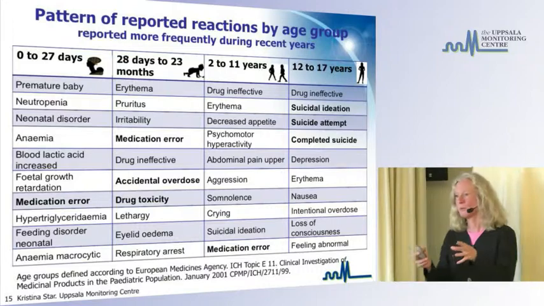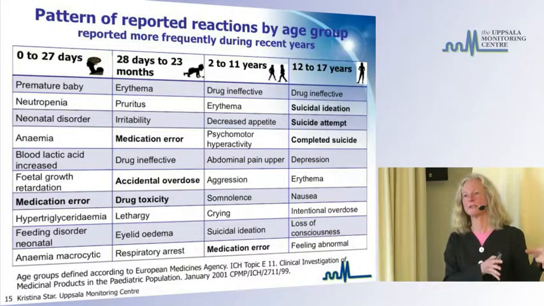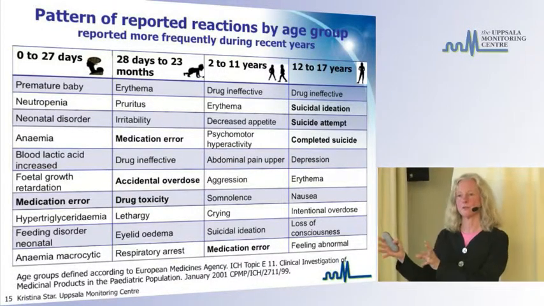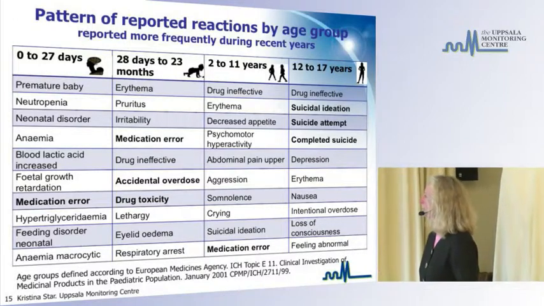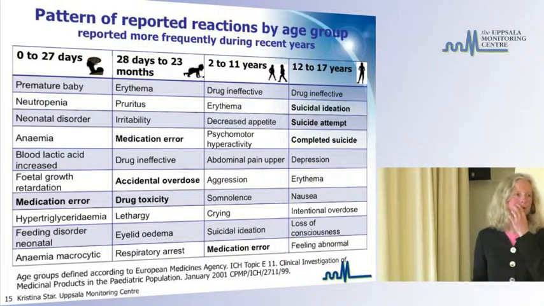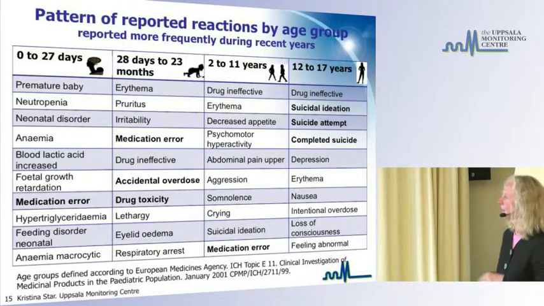This is where we wanted to look at the more recently reported reactions by age group. So we looked at the proportions of reports for a recent time period and compared them to an earlier time period. And we saw that in this group, for the 1 month olds, many of the reactions were related to the in utero exposure of the baby.